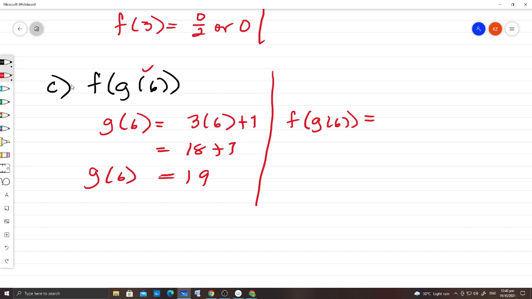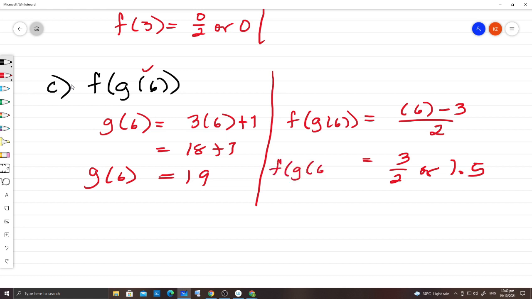So we have 6 minus 3 all over 2, so 3 over 2 or 1.5. Oh, sorry, I am on letter C, f of 19.